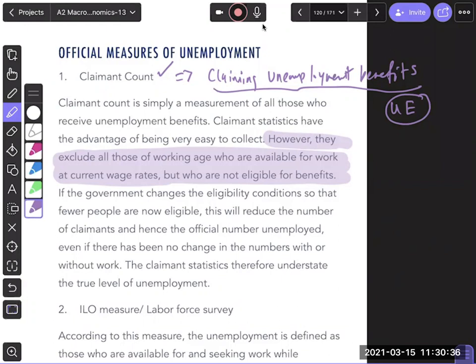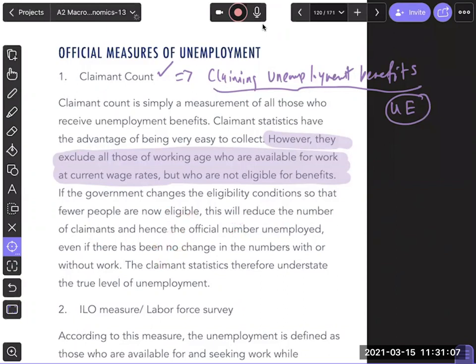A country may have a rule where it may not be providing you unemployment benefits, and despite you being unemployed, you might not be able to get unemployment benefit. Number two, guys, is this: if the government in any year changed the eligibility criteria, making fewer people eligible, this would reduce the number of claimants and therefore the number of unemployed, when in reality, it's just a change of rule.